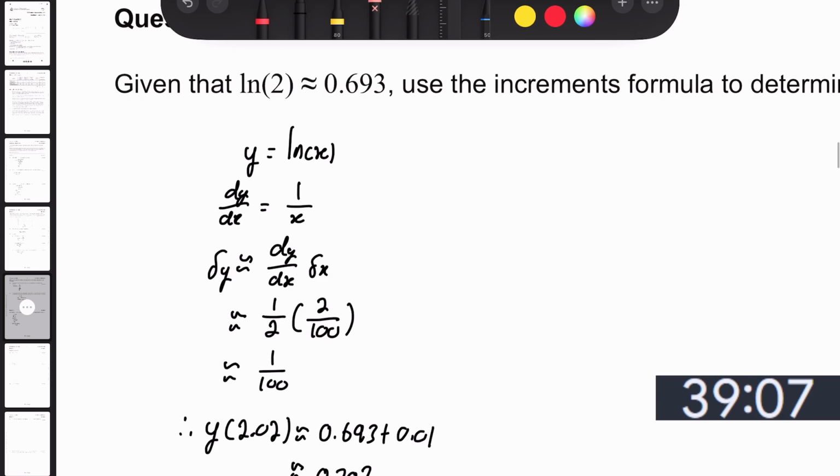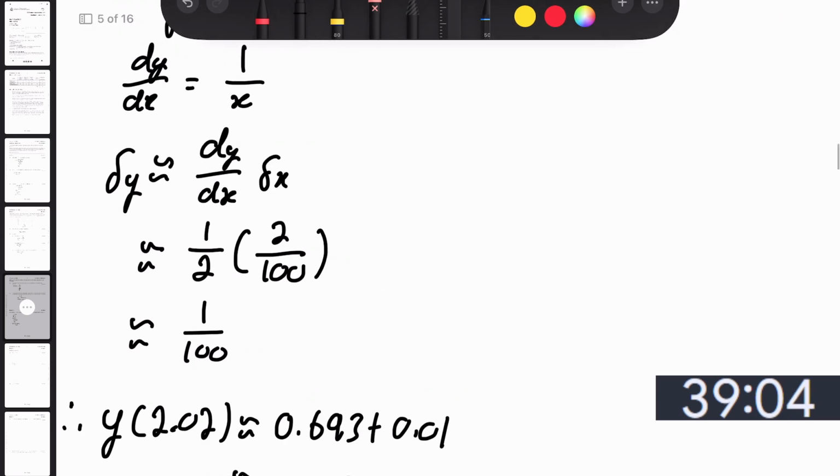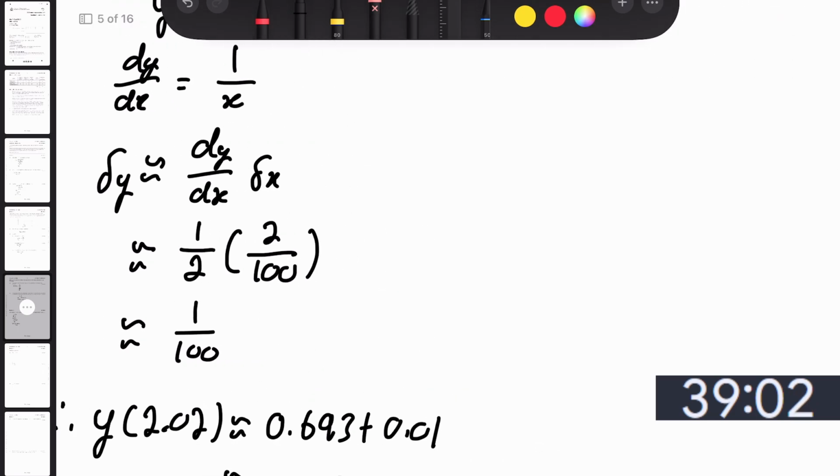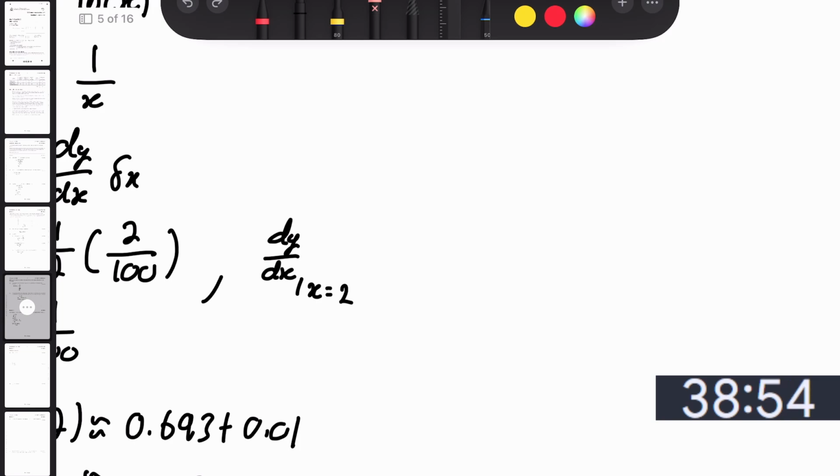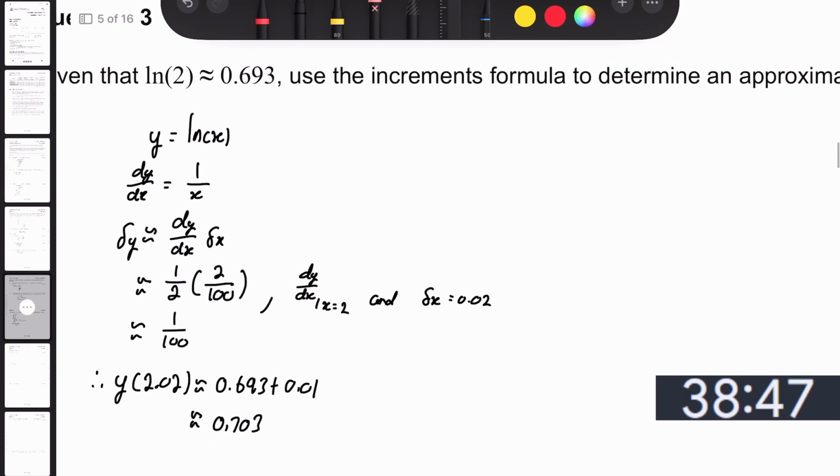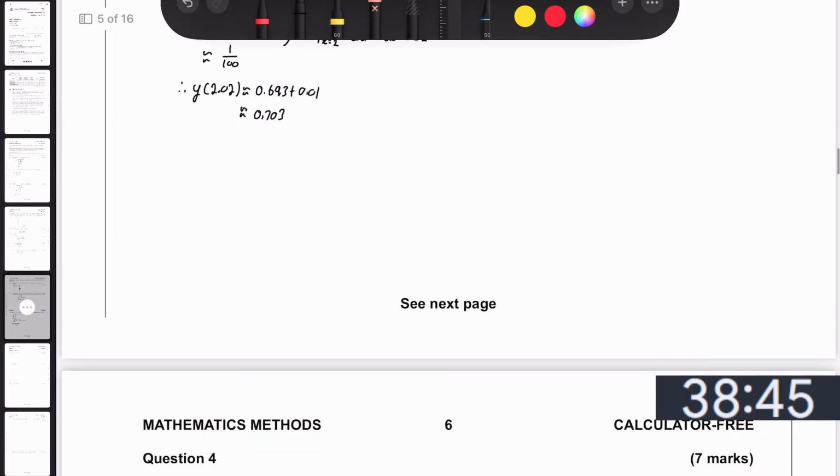I believe. That's so good. I'll just say here dy dx, given that x is equal to 2 and delta x is equal to 0.02. I'm not sure if they're going to accept that, but whatever.